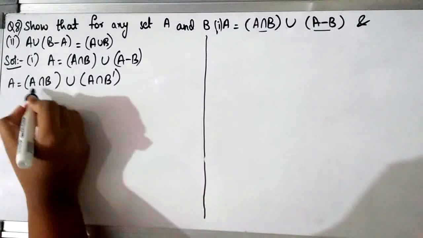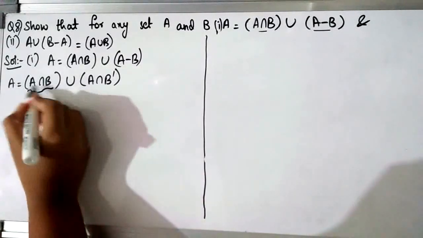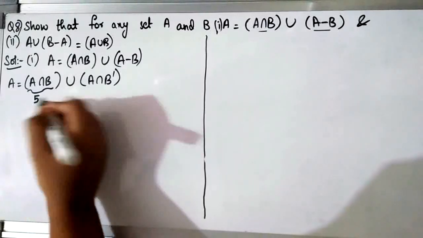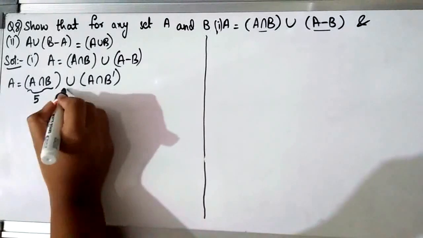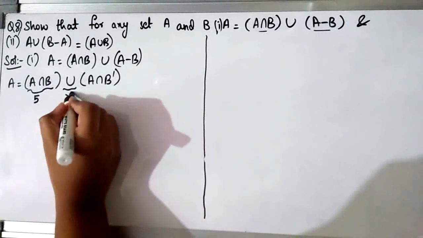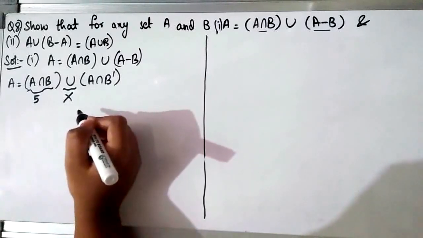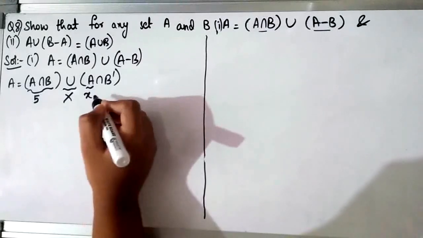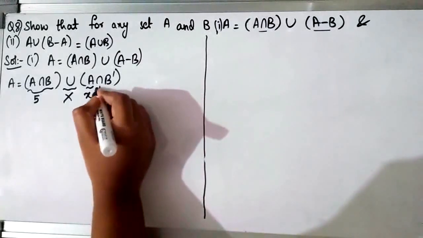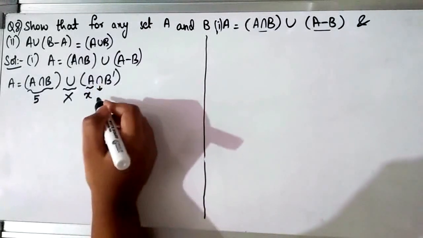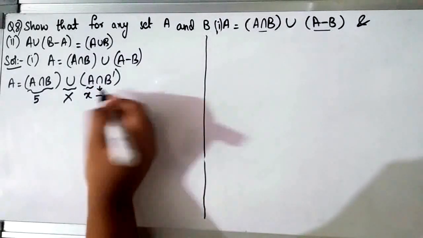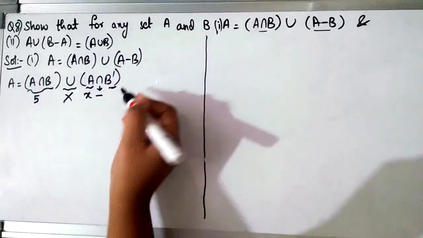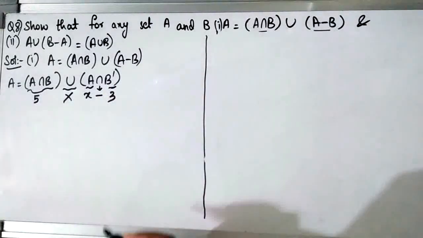Now let us assume that A intersection B is one element, suppose it is 5, and we will assume this union to be our multiplication symbol. Then we will assume A to be X, and our intersection to be minus. Our B complement we will take as one element, suppose 3.